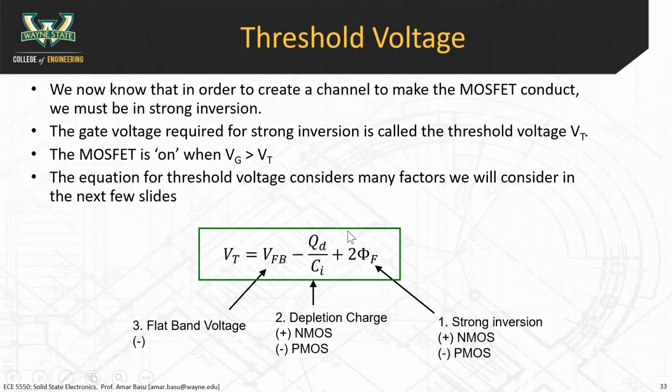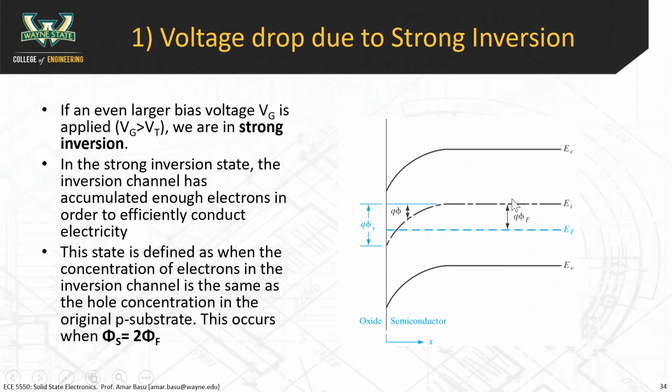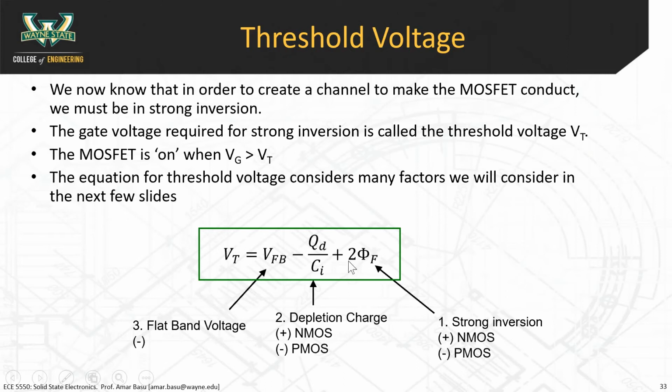As you're increasing the substrate doping, this 2 phi f term is increasing, because remember the 2 phi f term is this distance right here. If you increase the doping of the p-type substrate, this distance is going to increase. The Fermi level is going to go down, right? So the higher you dope the p-type substrate, this q phi f term is going to become larger.